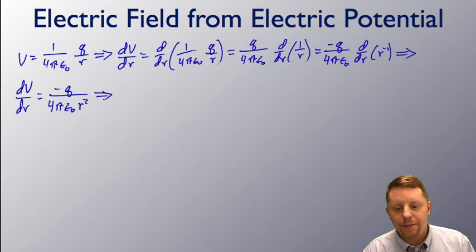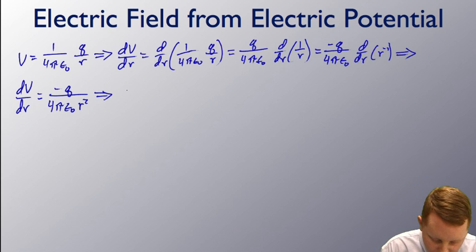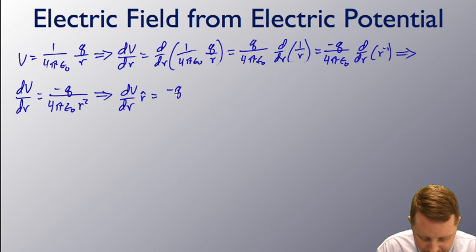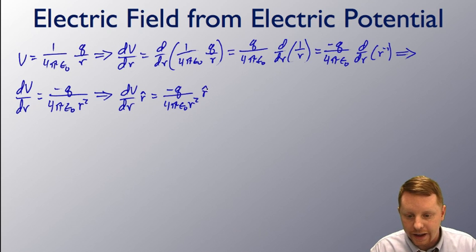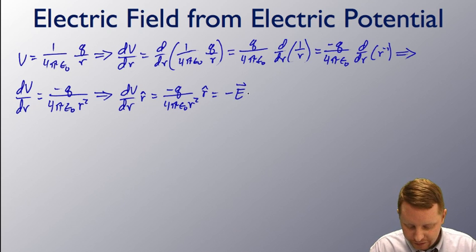And if we multiply both sides by R hat, a unit vector in the R direction, we can say that dV dr times the unit vector R hat equals minus Q over 4 pi epsilon naught R squared times the unit vector R hat, which is just going to be the opposite of the electric field vector.